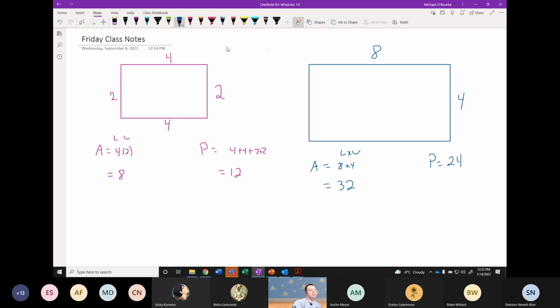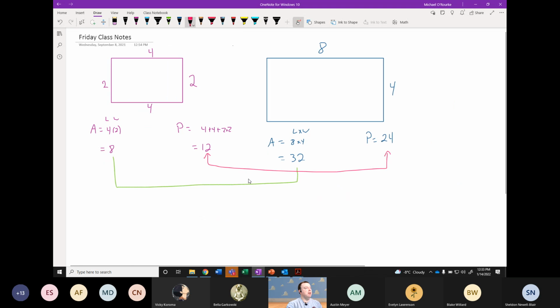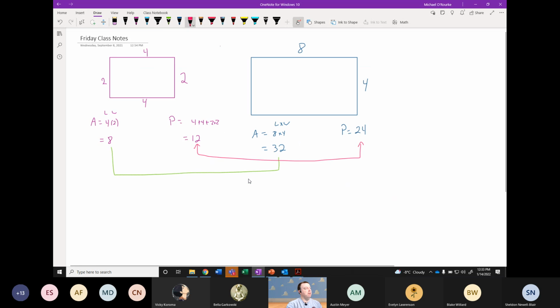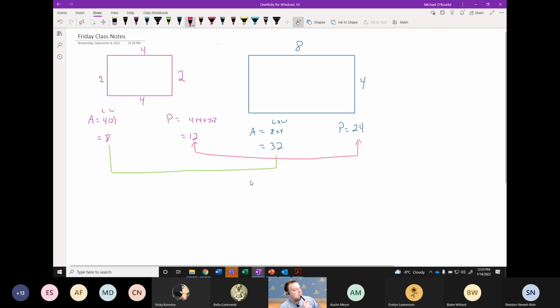Fine. So let's take a look here. Is there a link we see between these numbers and these numbers? Is there a link between the area of the purple one and the blue one?